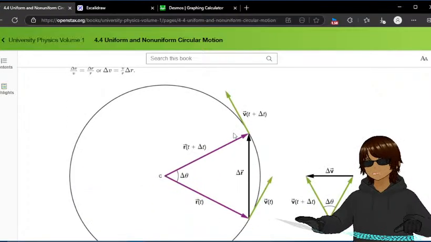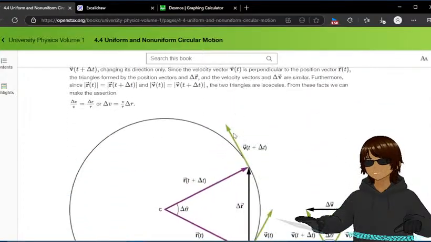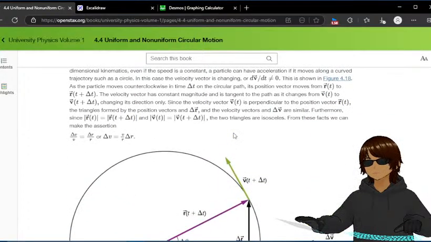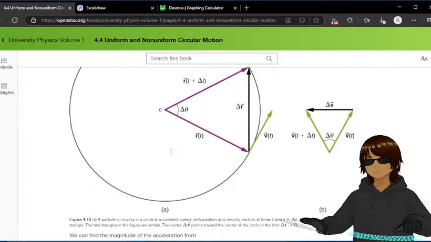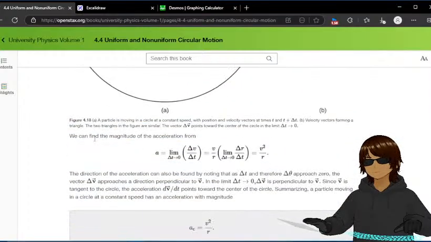Unless the acceleration is constant. No, no, unless the speed is constant. We can find the magnitude of the acceleration from this.